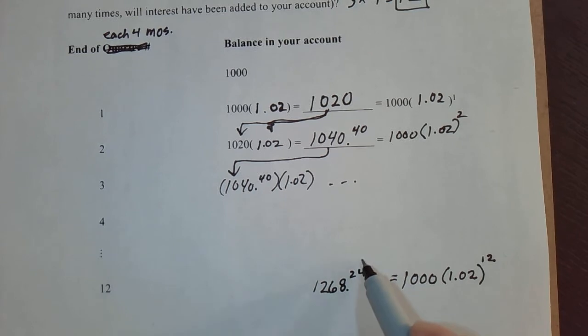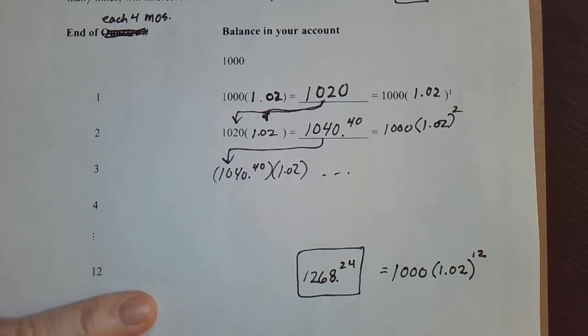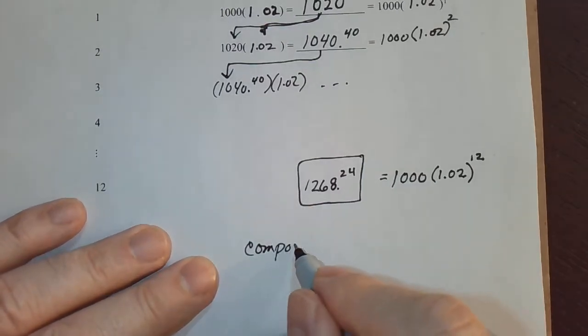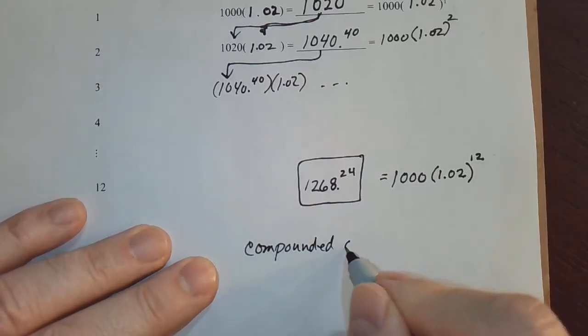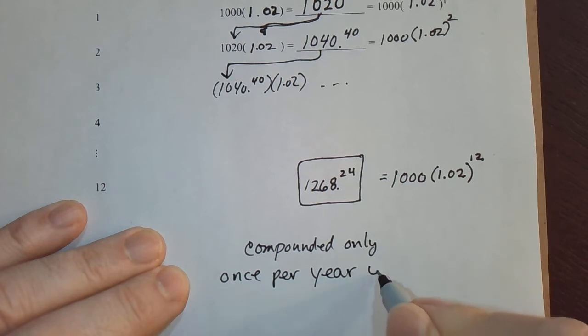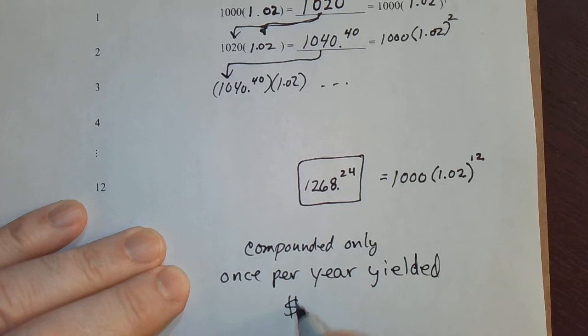Okay, so looking back to that previous problem, compounded only once per year, yielded $1,262.48.